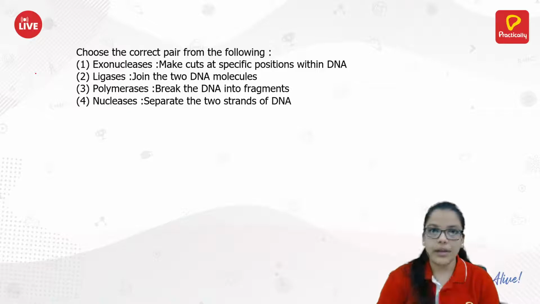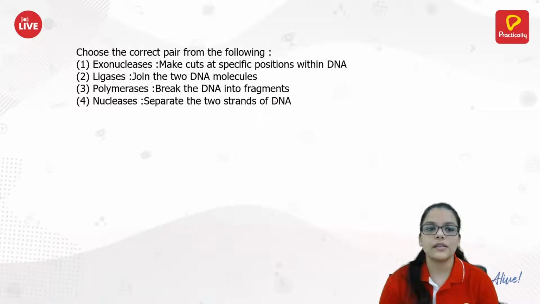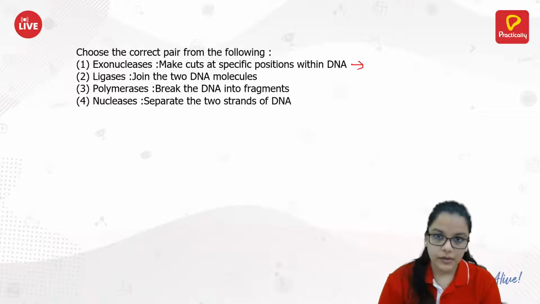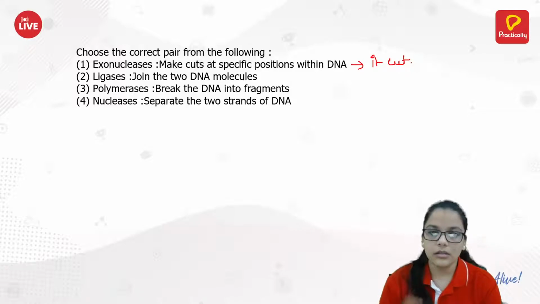Choose the correct pair from the following. Exonuclease makes cut at specific positions within DNA. No. Okay, what exonuclease does is it cuts the phosphodiester bonds and all. Ligases join DNA molecules.